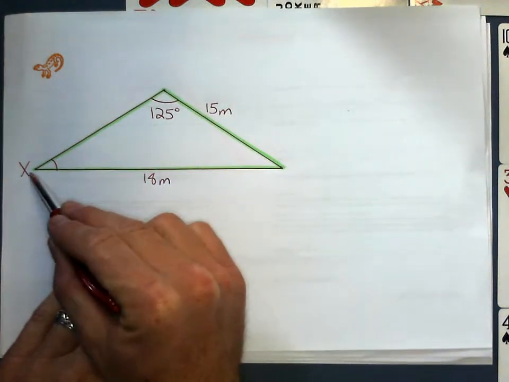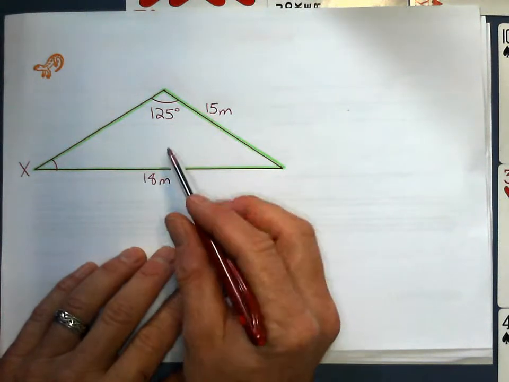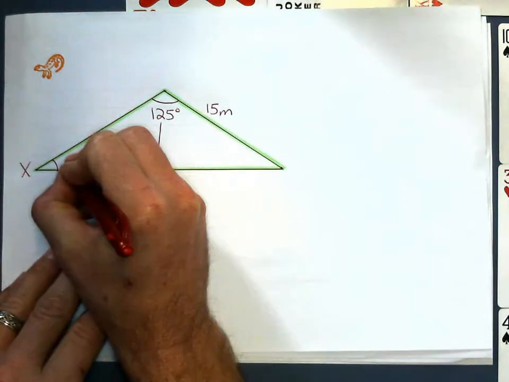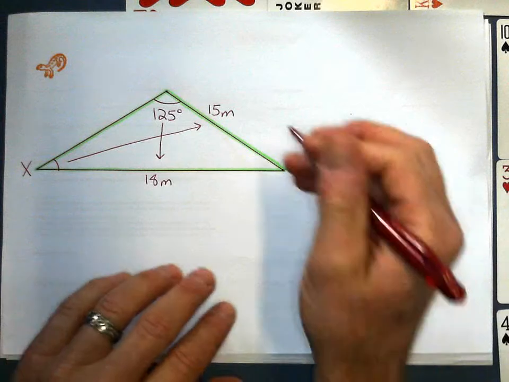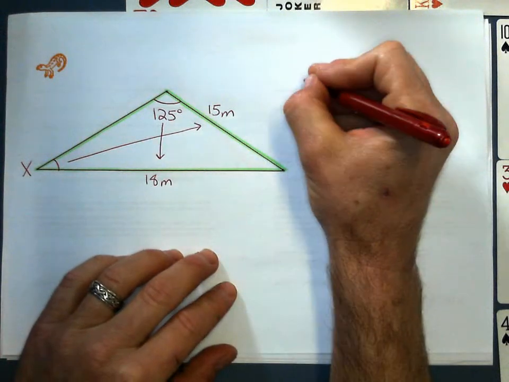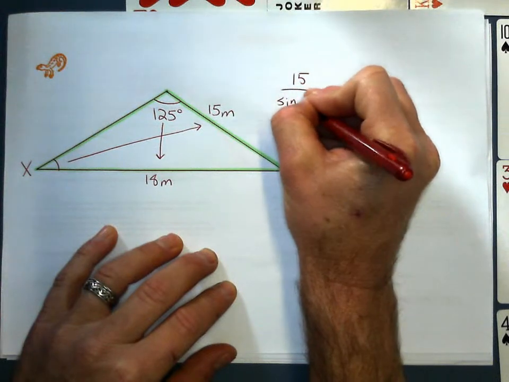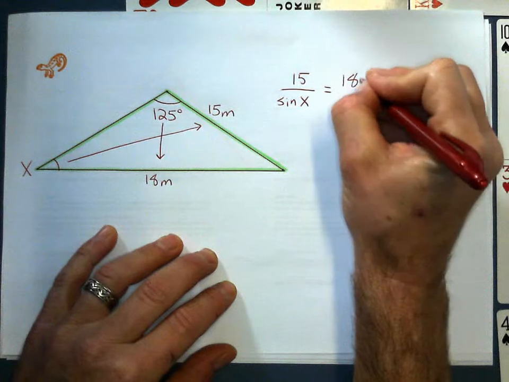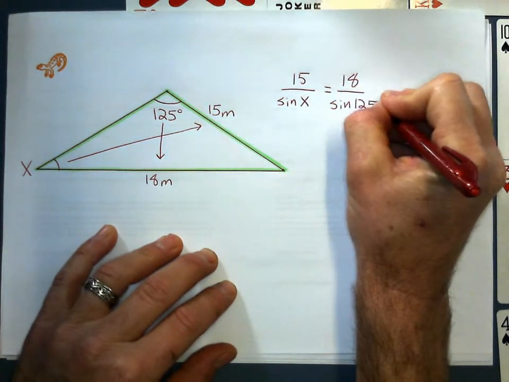Okay, in this example I want to solve for this angle x here. First of all, do I have the sine rule going on? I've got the angle and side opposite, so yes I do. Okay, let's say 15 over sine of angle x equals what? 18 over sine of 125.